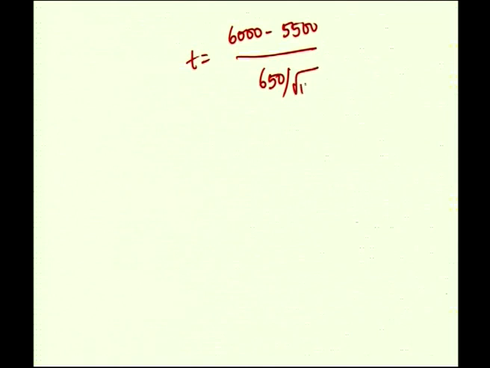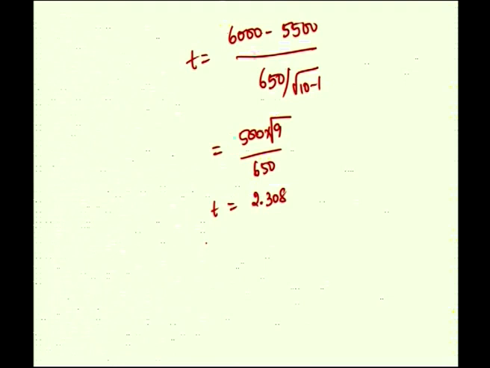So, substitute all the values: 6000 minus 5500 divided by 650 divided by root of 10 minus 1. It is 500 into root 9 by 650. Root 9 is 3 and this value is 2.308. So, T is 2.308.